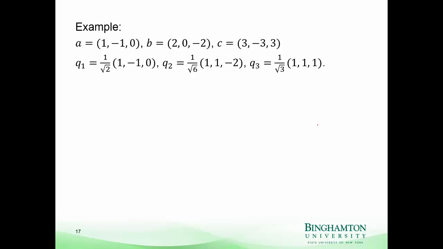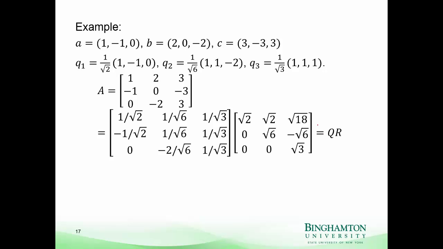So we already figured out how to get to the Q1, Q2, and Q3, and here all we're doing is interpreting the result in terms of the QR factorization. So here's the Q matrix. We're literally just taking all of these elements and putting them in there. And then here's the R matrix, and we can find these numbers by doing all those inner products.